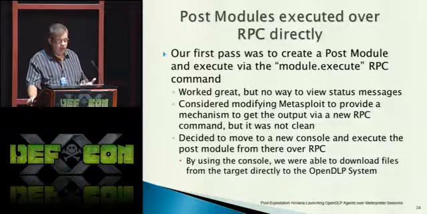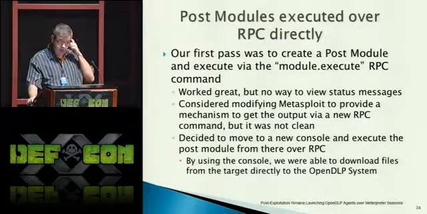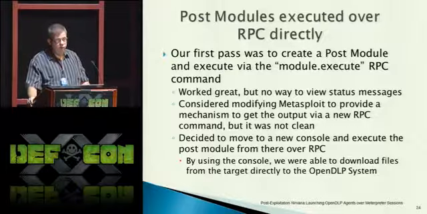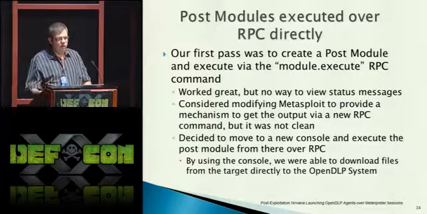And because I create the console, I get the ID, it's mine, it's tied to a user. And it's got this nice little busy flag. So if I start the post module just as if I would from a Metasploit MSF console, then I can tell when it's finished execution and I get all that output.